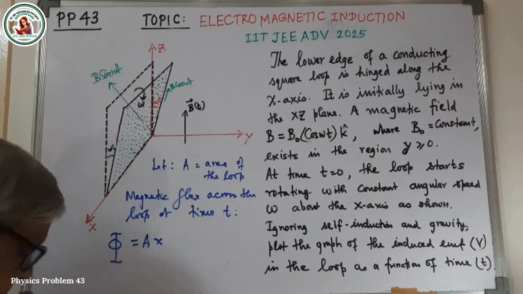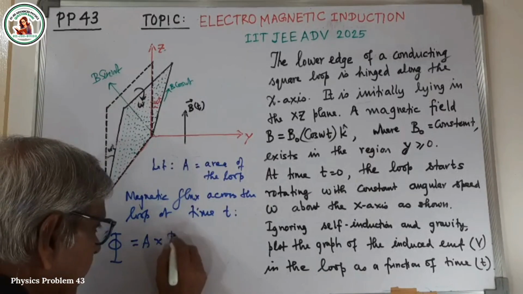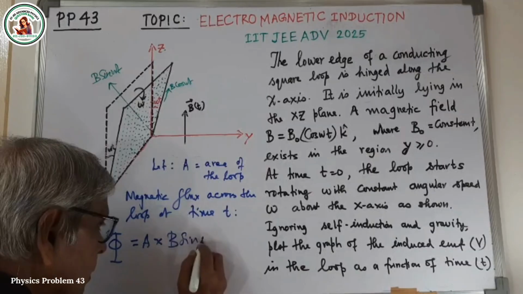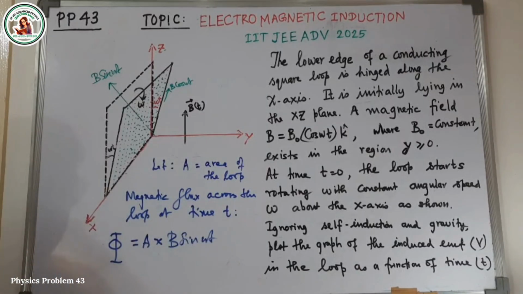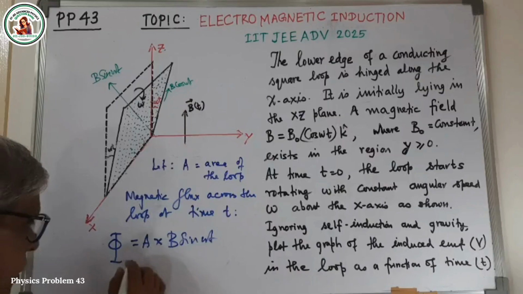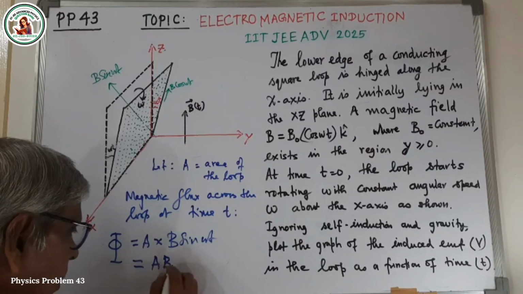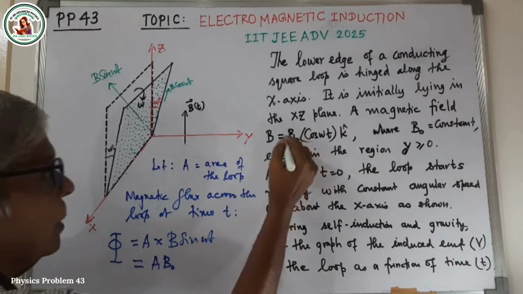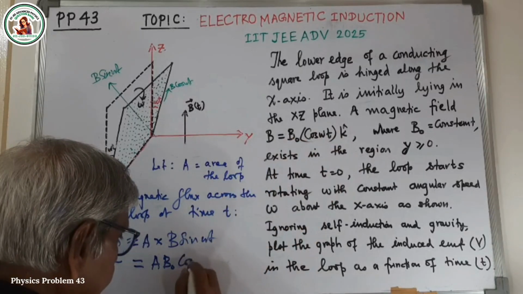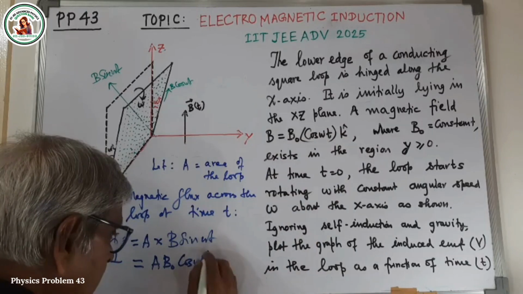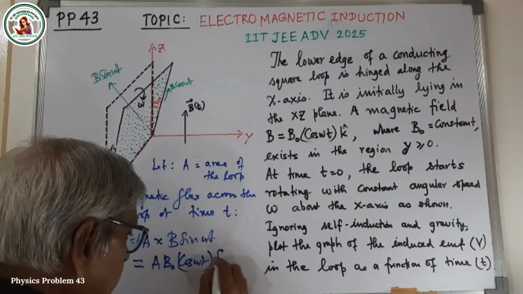So A into B sin omega t, that is the flux. For B we substitute B naught cos omega t, so flux is A B naught cos omega t times sin omega t.